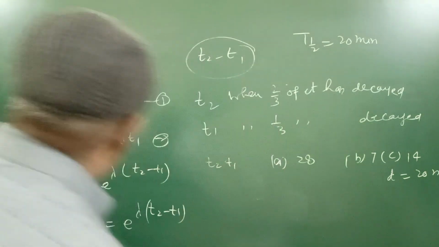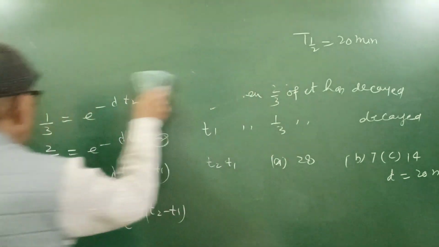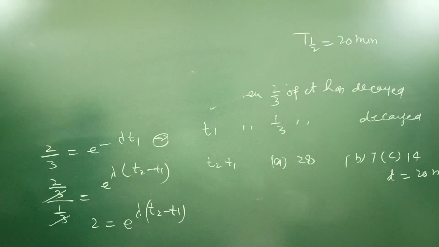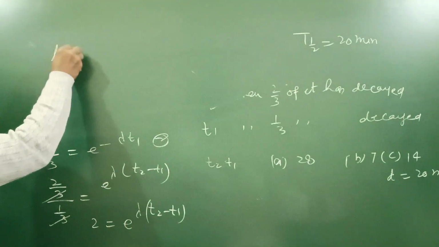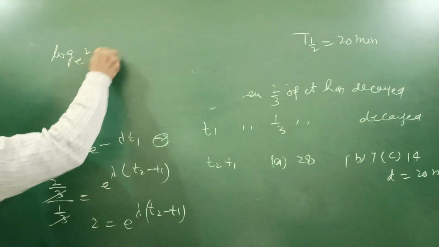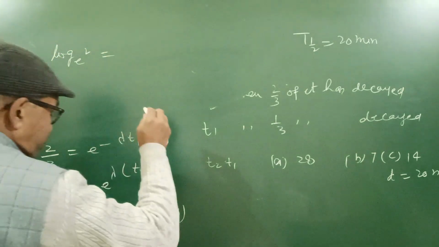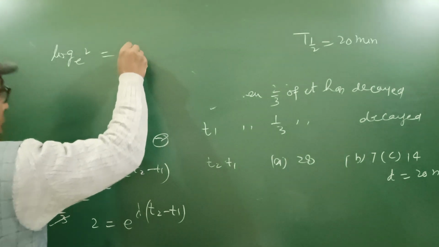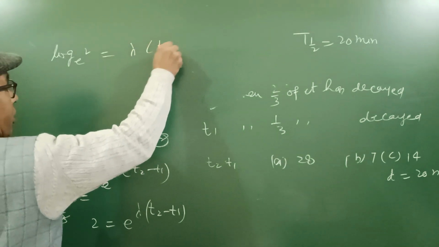And therefore log of 2 on base e is equal to lambda into T2 minus T1.